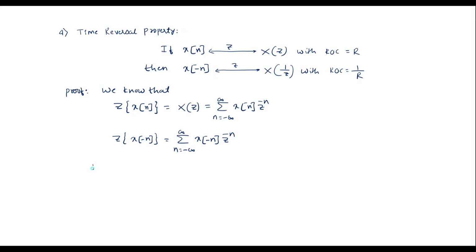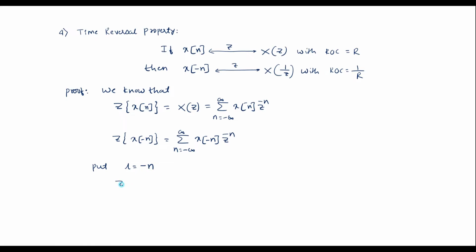Let's simplify this further. Put L equal to minus n. If we consider L equal to minus n, then for n equal to minus infinity, L will become plus infinity, and for n equal to plus infinity, L will become minus infinity.